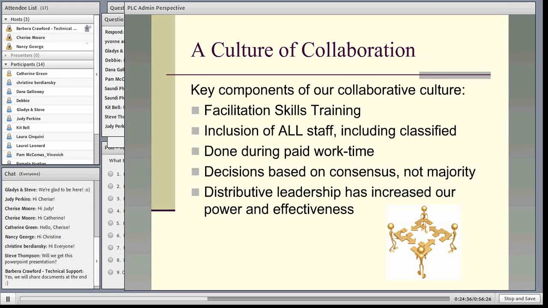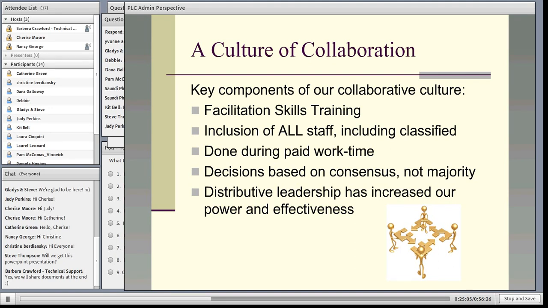An important part of my role as the administrator was to be really clear that it was an expectation that everyone participate, that this was not something that was optional or elective, but it was a direction we were going in, and it was just part of being here at this school to participate. And of course, in order to do that, it had to be done during paid work time.